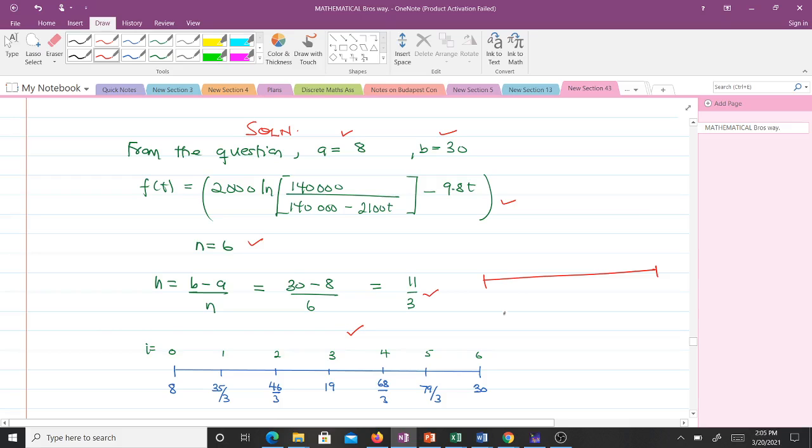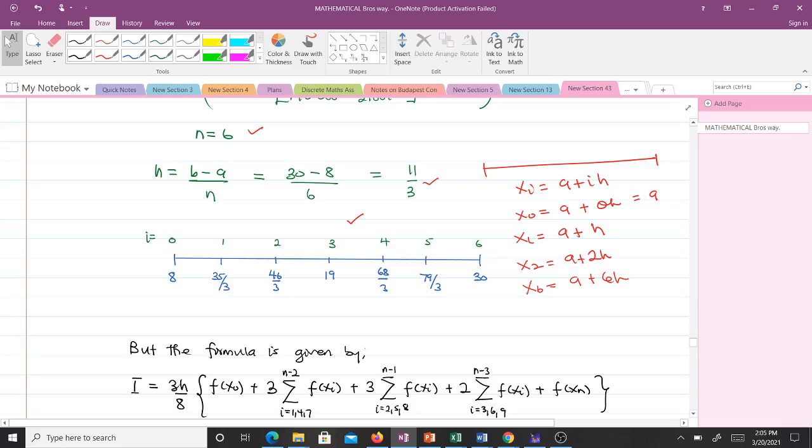And with this, our xi is equal to a plus i times h. So that means we want to find x0. x0 is a plus 0 times h, which will be a. You want to find x1. x1 will be a plus 1 times h, which is a plus h. You want to find, let's say, x2 to be a plus twice of h. You want to find x6 to be a plus 6 times h. So if you do that, you will get these here.